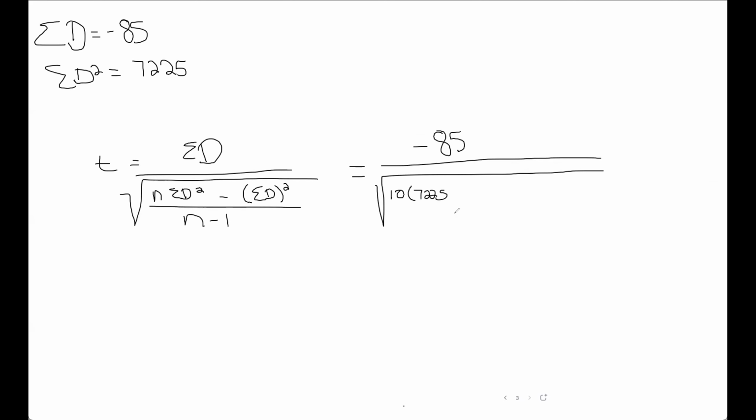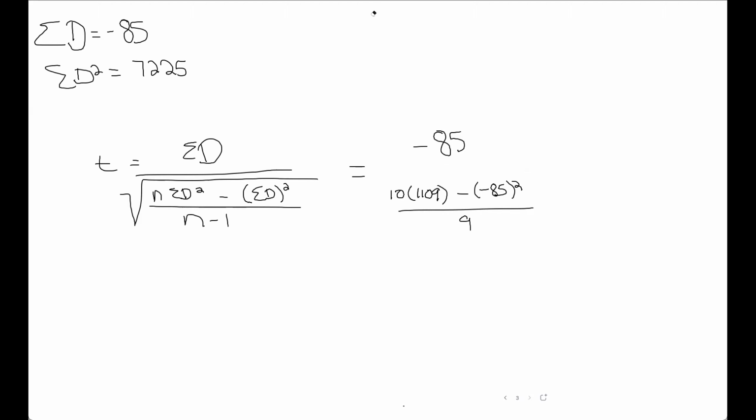Okay. So that's what goes there. Minus. Over n minus 1 is 9. I'm just trying to make some room.